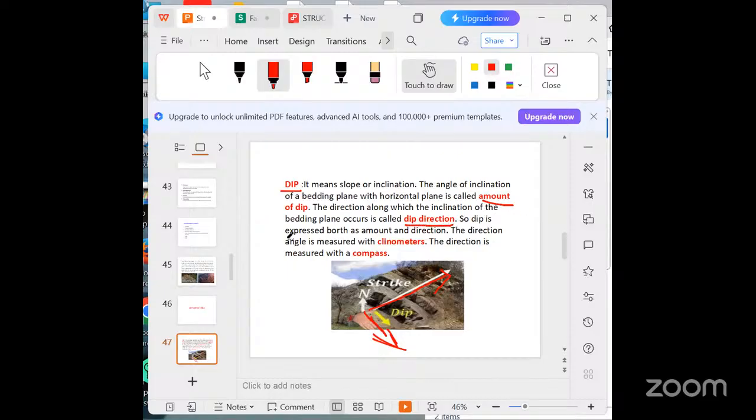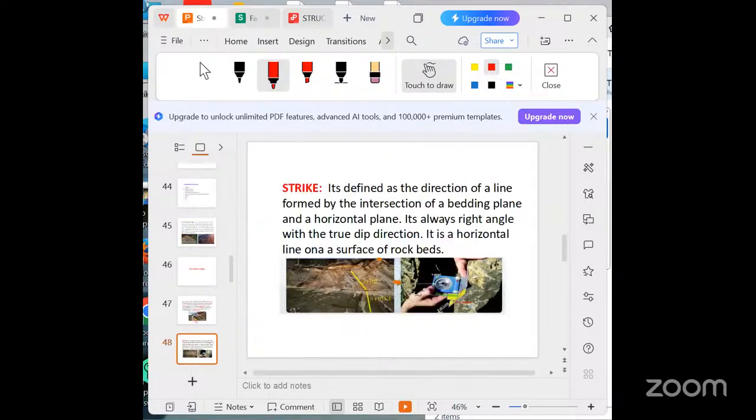So dip is expressed both as amount and direction. The amount is measured with the clinometer, and the direction is measured with the compass, right? Okay, this is dip and this is strike. So how to identify strike?